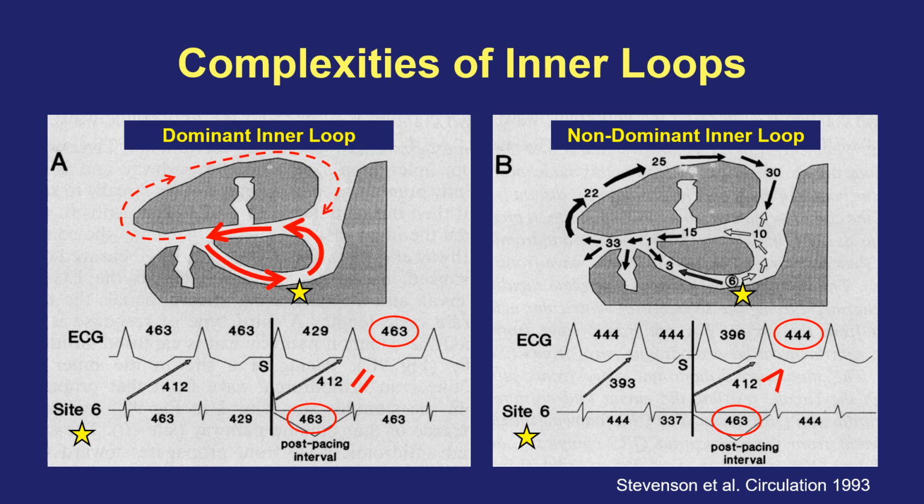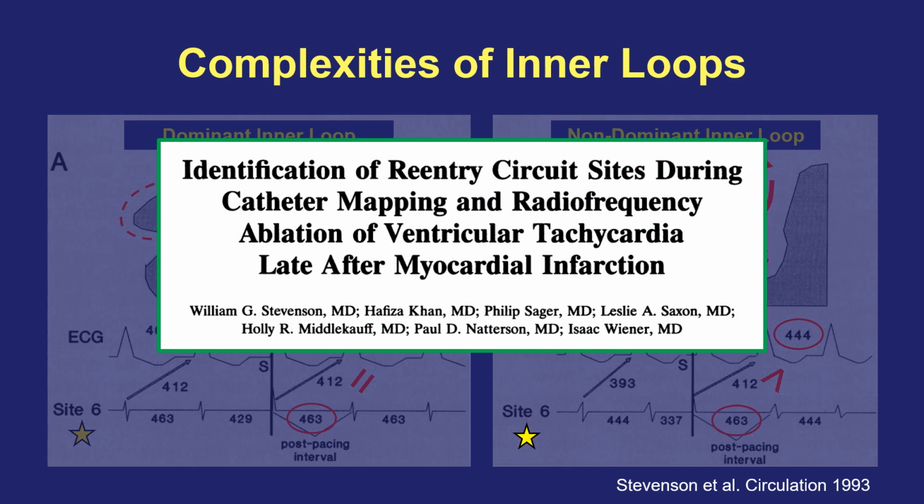Although, as I said, even in the former scenario, even if you are totally in, you might actually, if you ablated here, terminate this loop but not terminate the other loop. So the VT overall may not terminate. Anyway, this is a really great paper to go through the detailed analysis of dominant versus non-dominant loops in this manuscript, again from Bill Stevenson in 1993 in Circulation.